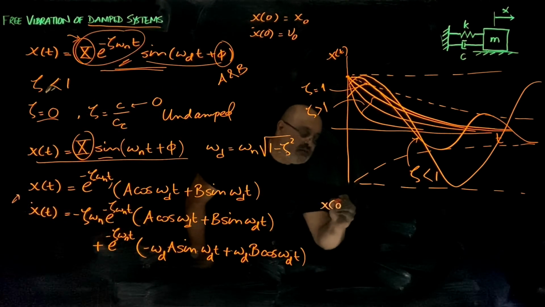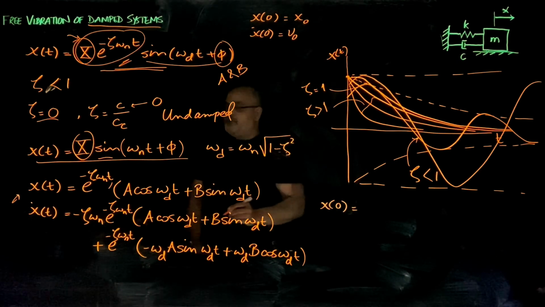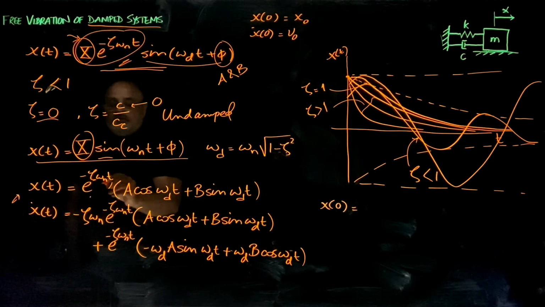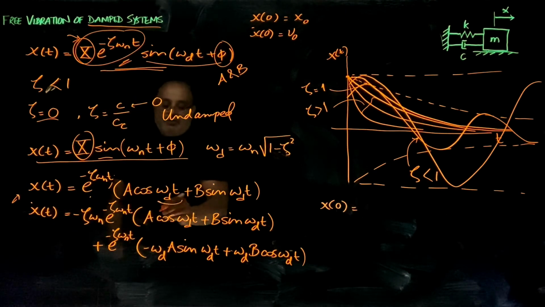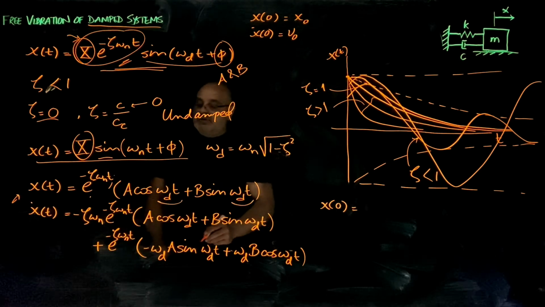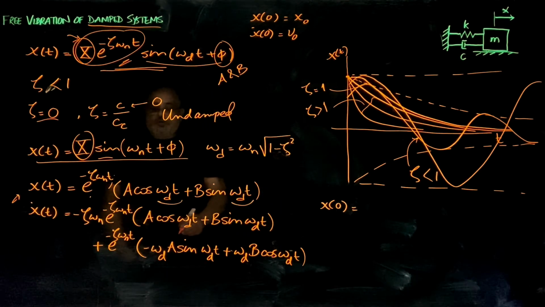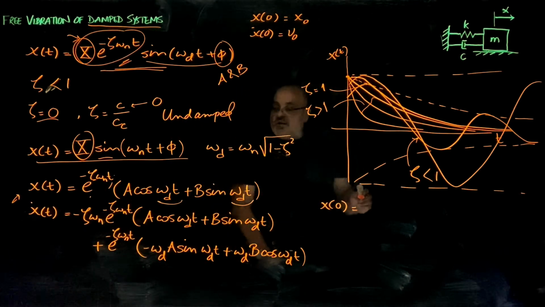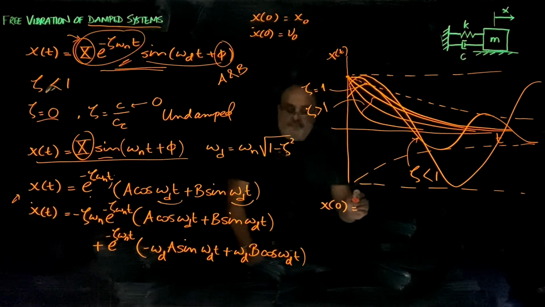X of 0 equals: e to the power 0 is 1, cosine 0 is 1, sine 0 is 0, so I will have only a.